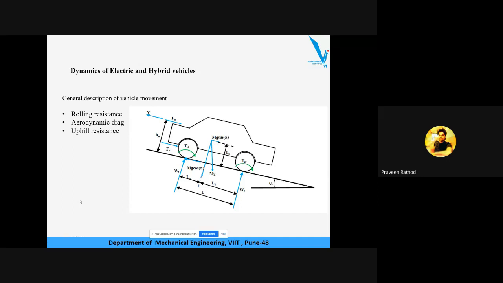In a vehicle, if you see this particular diagram, several forces act on it, and the net resultant force governs the motion according to Newton's second law. We consider the propulsion unit of the vehicle that delivers the force necessary to move the vehicle in the forward direction. This is the propulsive force.